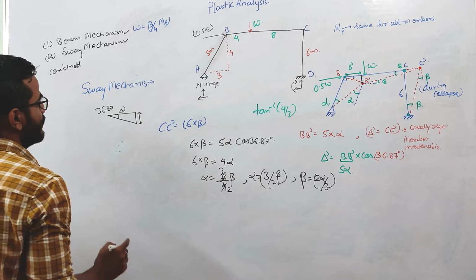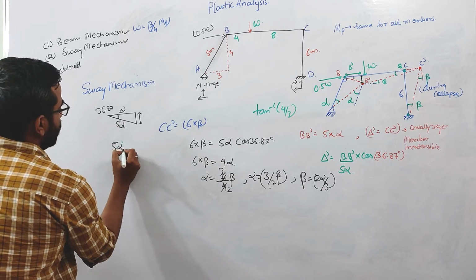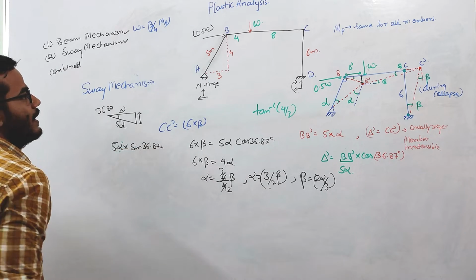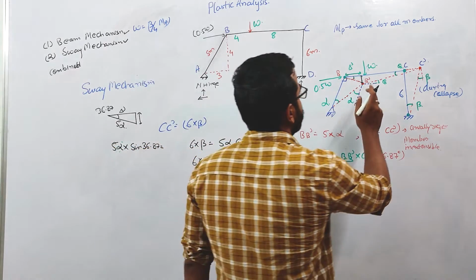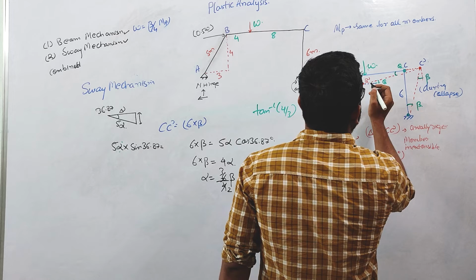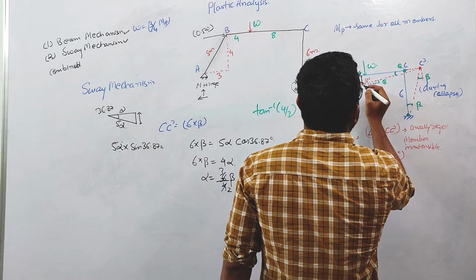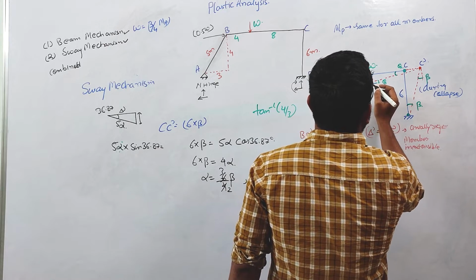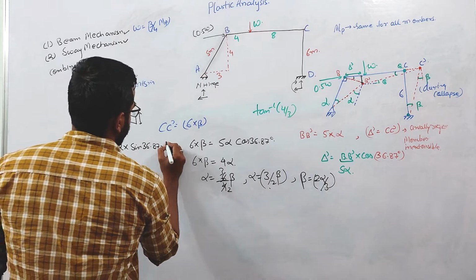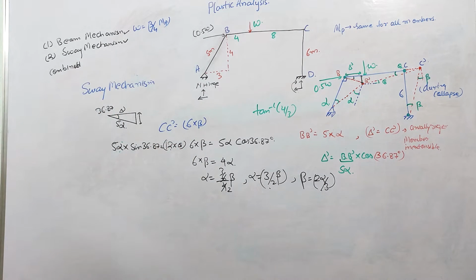This displacement will be 5 alpha into sine 36.87, and this will be equal to the total distance, which is 12, so 12 theta.